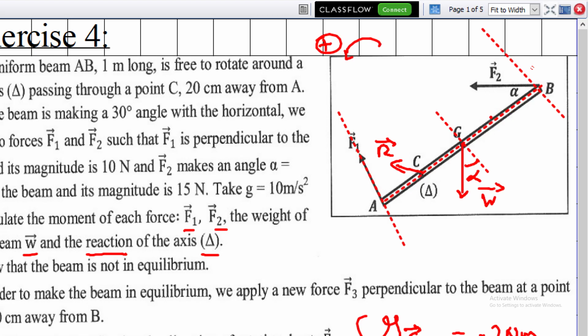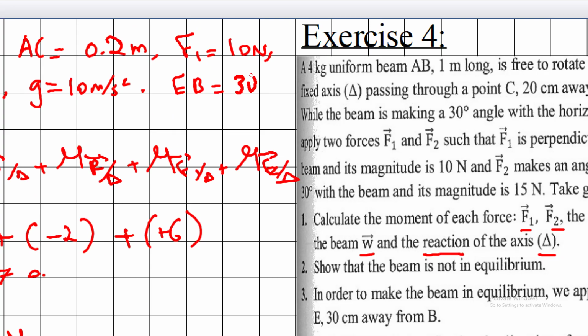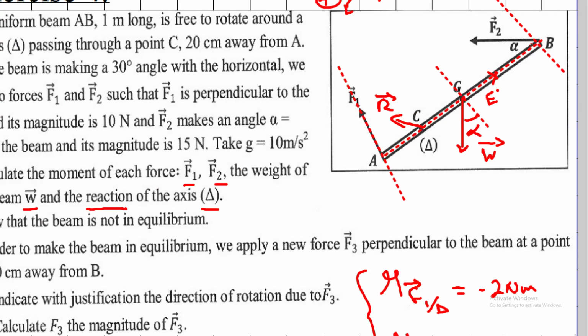So this is the point E, in which EB is equal to 30 centimeters, corresponding to 0.3 meters. The force F3 is applied perpendicular to the beam at E, either like this or like this.